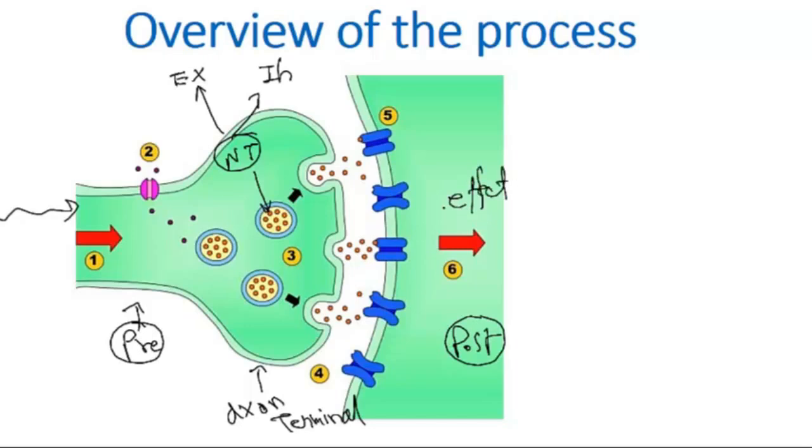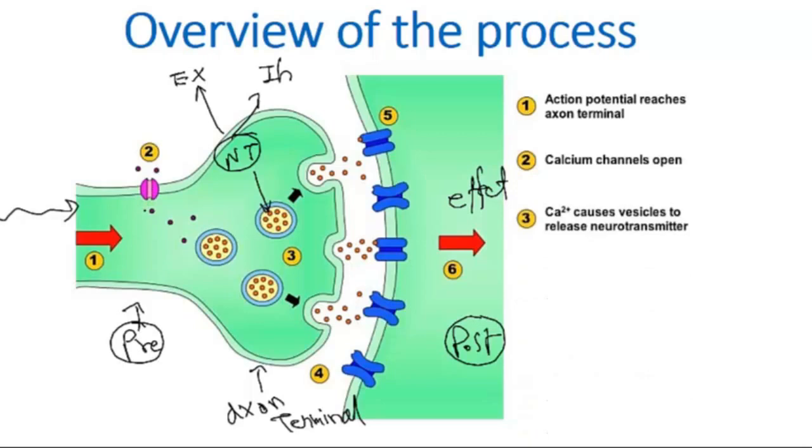So the series of events that we're looking at simply starts with the action potential generation, and it reaches the axon terminal. Second, the calcium channel opens. Third, once calcium channels open and calcium flows in, that causes the release of neurotransmitters by vesicle fusion to the membrane.